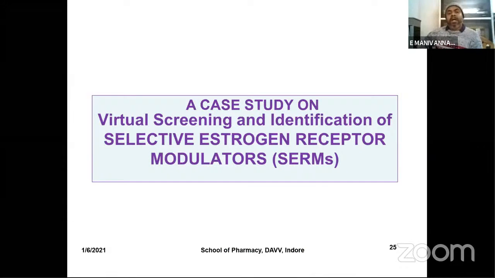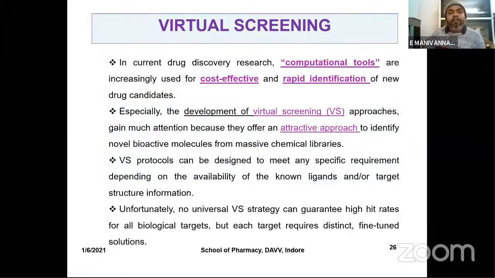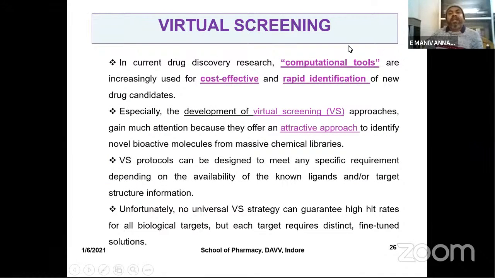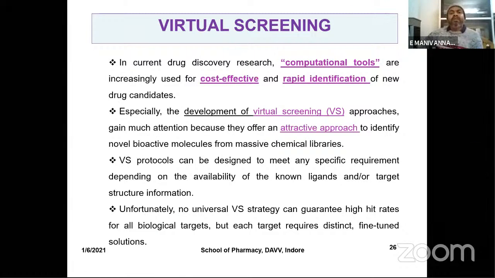Now I will show a case study of my own research work, that is virtual screening and identification of selective estrogen receptor modulators. So in general, in current drug discovery, computational tools are increasingly used.